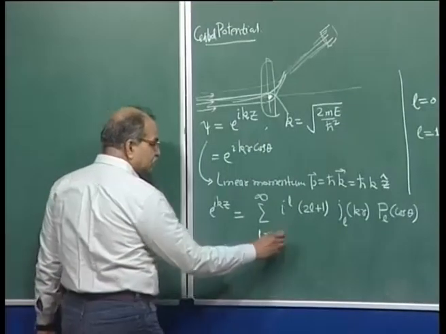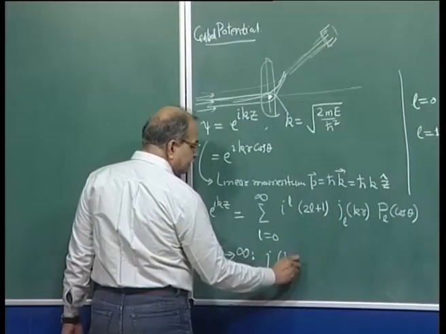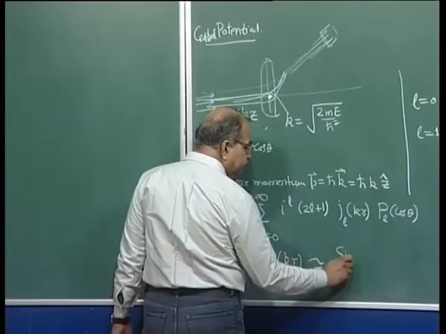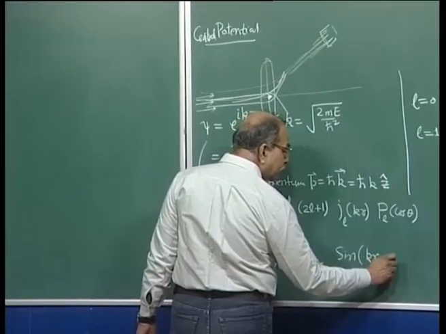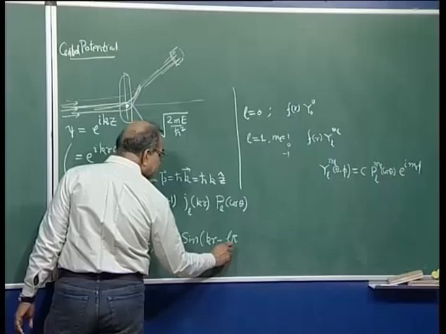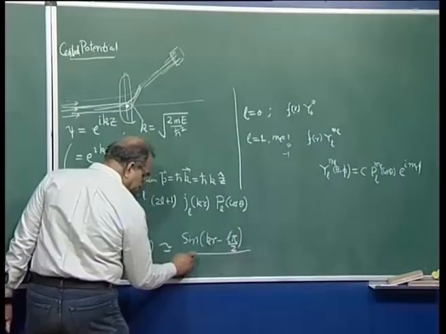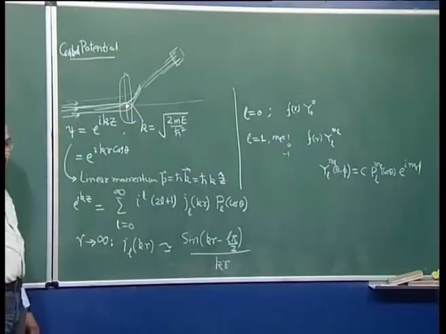What happens to this j_L(kr)? This j_L(kr) turns out to be, it goes as sine of (kr minus L pi by 2), right, very good, divided by kr. That is how it goes.